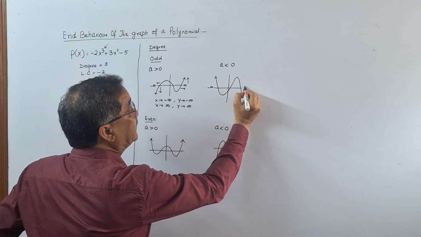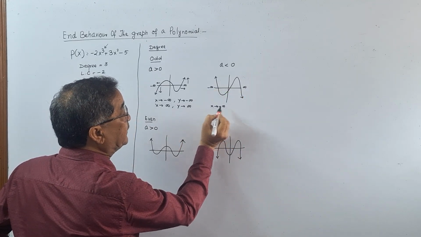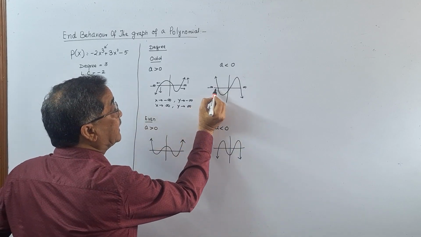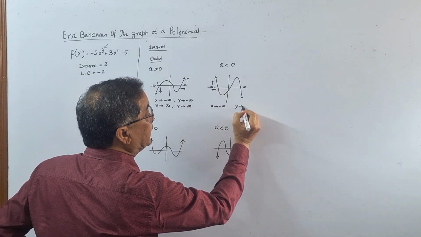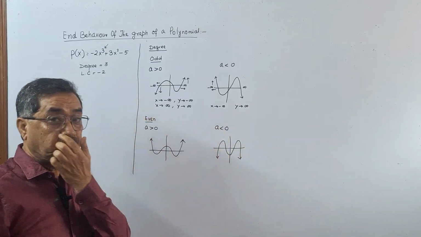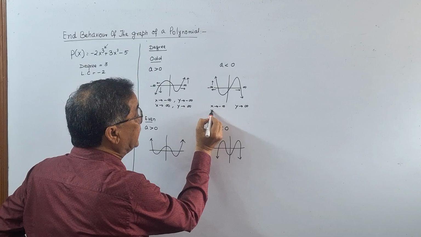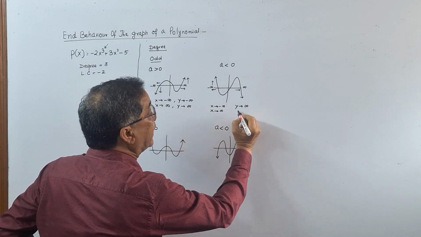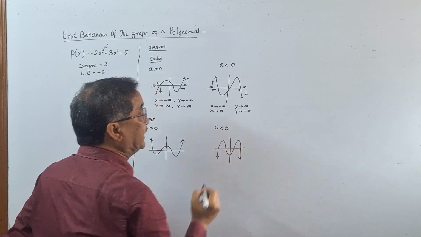This is negative infinity, positive infinity. So, as x approaches negative infinity, we can see that as x goes this way, the y goes up. So, y will be approaching infinity. Whereas, when the value of x is going towards infinity, the value of y, because it's going down, is going towards negative infinity.